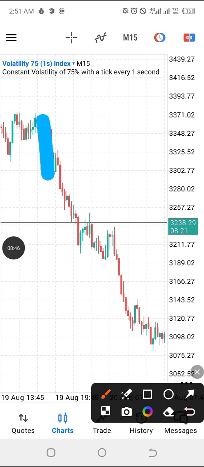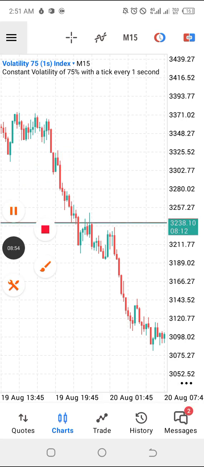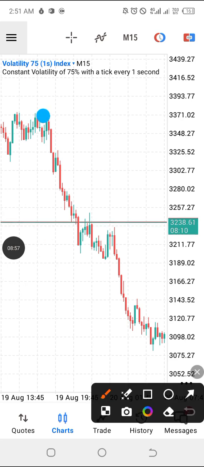So this is another example of a downtrend, as you can see, lower low, lower high, or you say impulsive move, retracement. Here is a swing point, so you can see it's a clear downtrend.